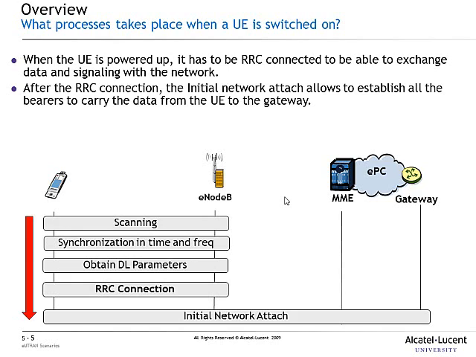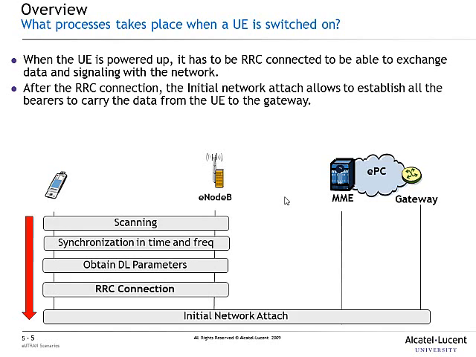A mobile has to first synchronize in both the frequency space as well as in the time space, and thereafter it starts obtaining parameters that the cell is broadcasting on the downlink, and that information enables it to know something about what sort of bandwidth is being used in the cell and other important information.